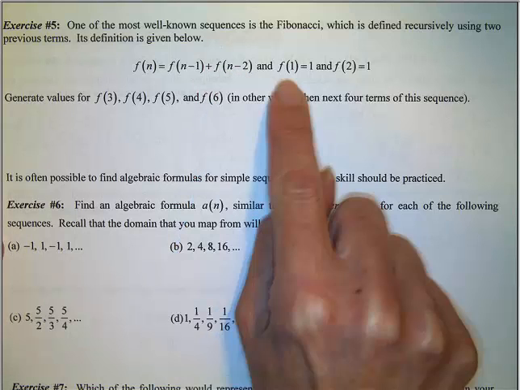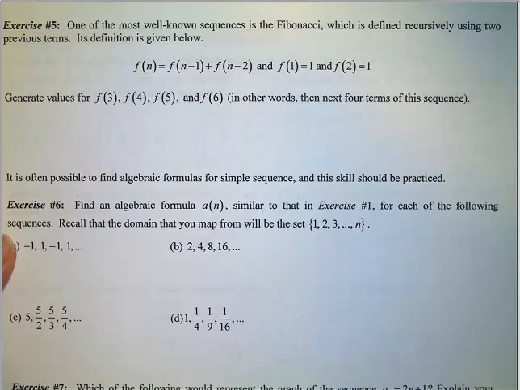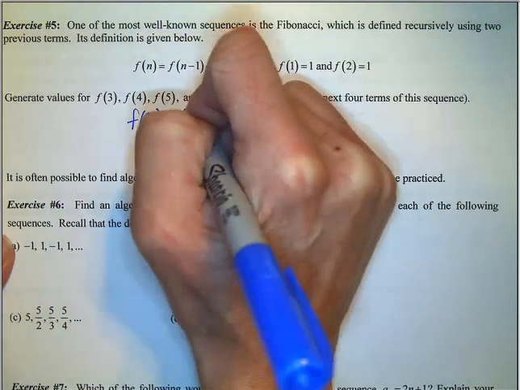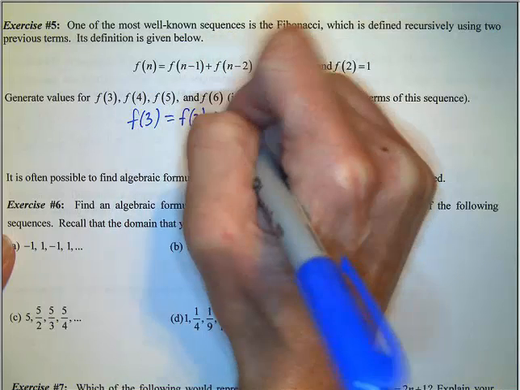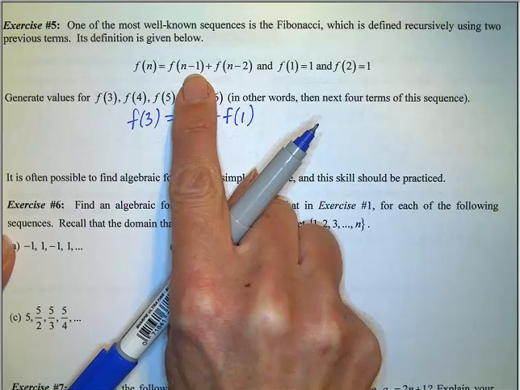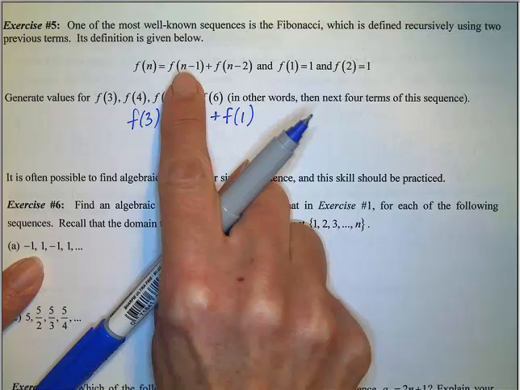So they gave us the first and the second term. So that means the third term, f of 3, equals f of 2 plus f of 1. So this means the term below it and two terms below it, or two previous terms.